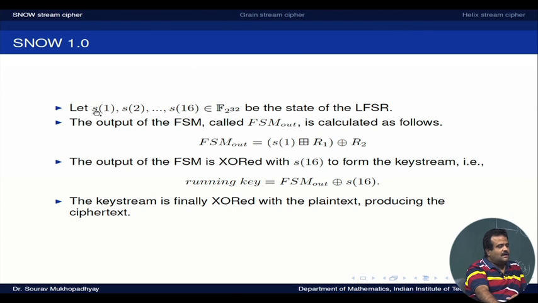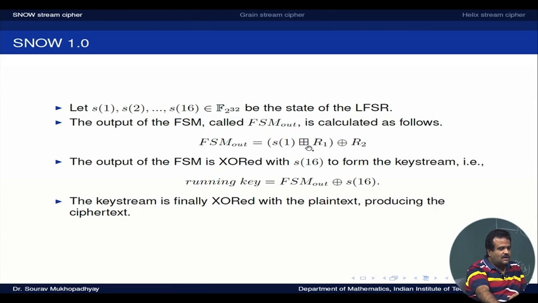And these are the states of the LFSR. LFSR is basically made of flip-flops. So these are the flip-flops, and we have the output of the finite state machine called FSM out. It is calculated by this: S1 is the S-box, operating with R1.